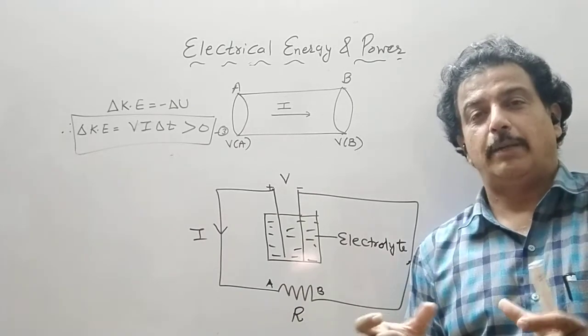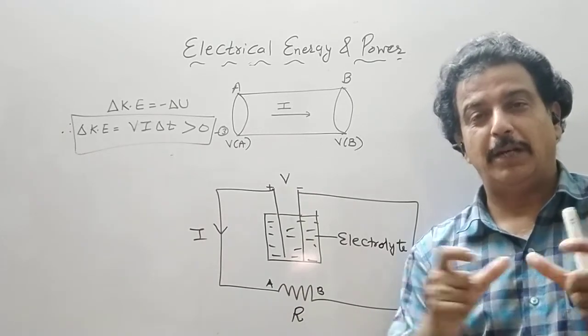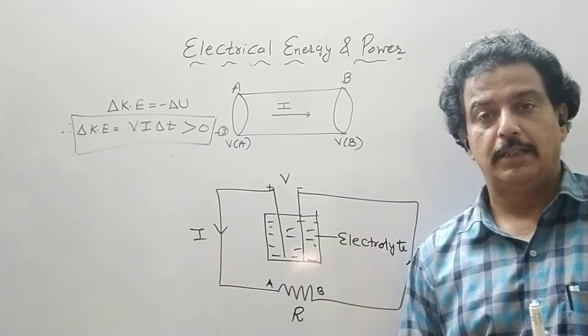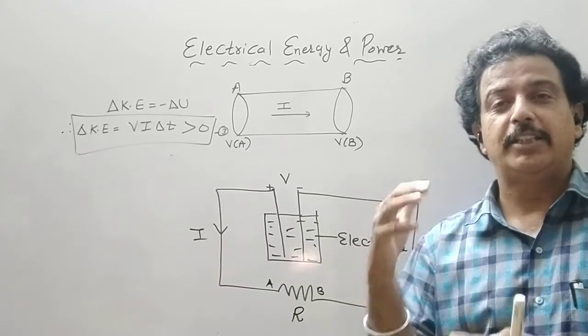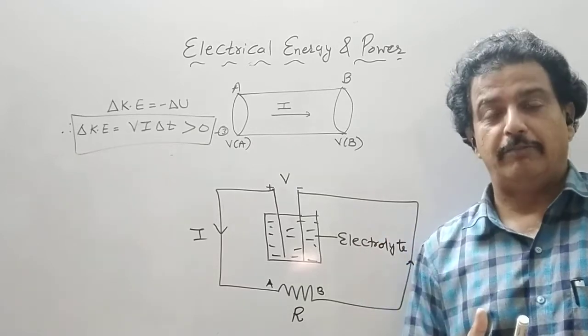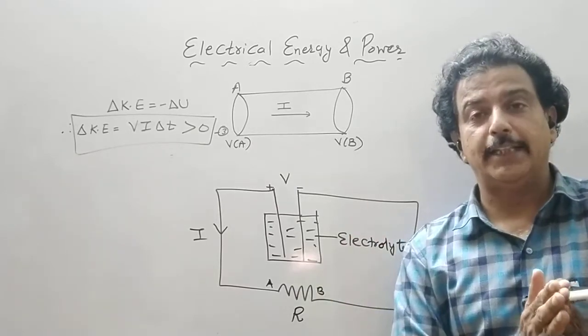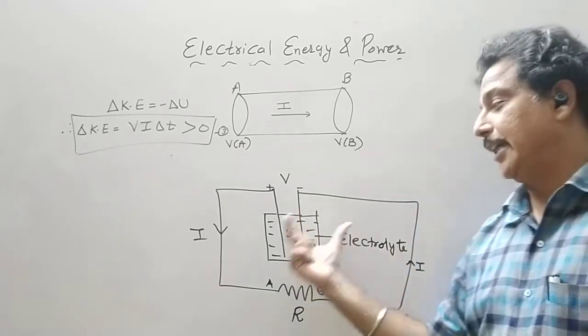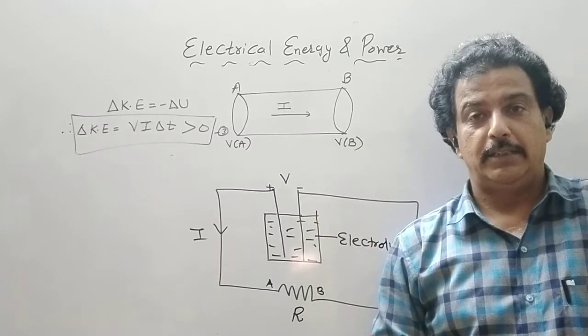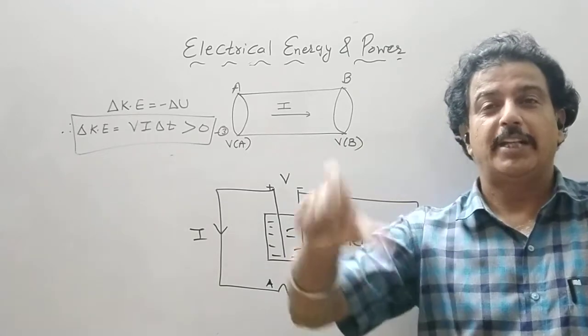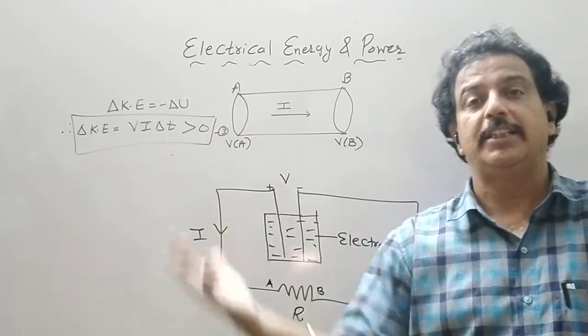So if you connect a bulb, that bulb will also have some resistance. So we will find out how much loss of energy takes place in that bulb. Though that bulb will give you the light energy, this entire chemical energy will not be converted into the light energy. The chemical energy will be converted into the light energy plus heat loss.